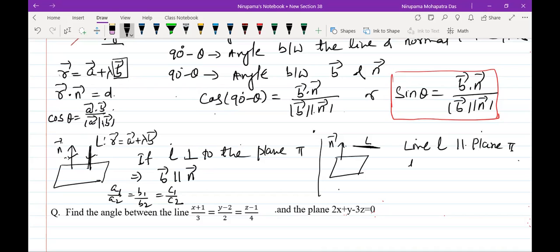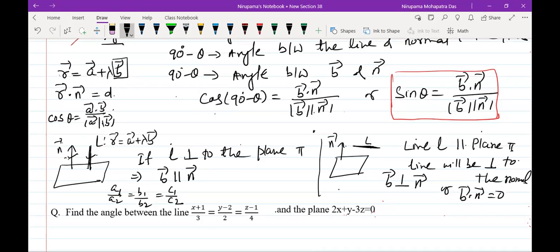So the b vector is perpendicular to the n vector, or you can say b dot n equal to 0.